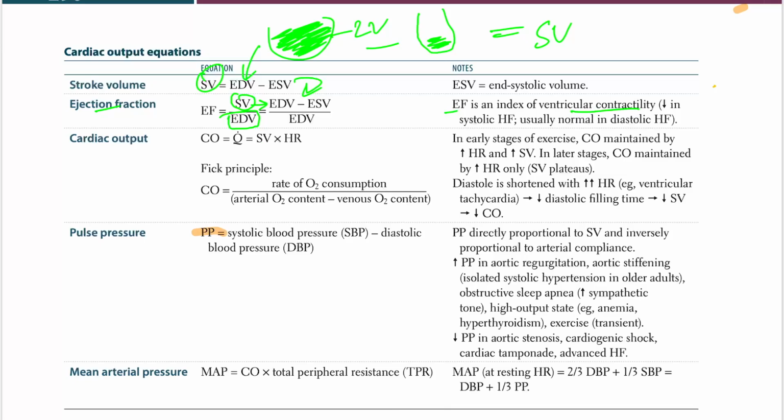Important thing: it decreases in systolic heart failure, and is usually normal in diastolic heart failure. Normally EF is greater than 50%. If that is decreased, you're thinking about systolic heart failure.